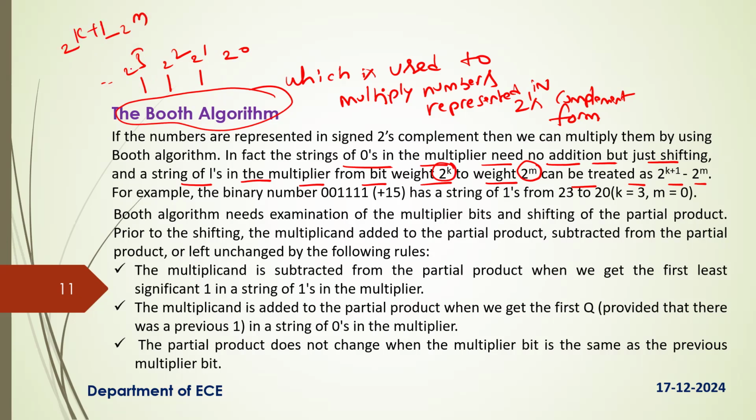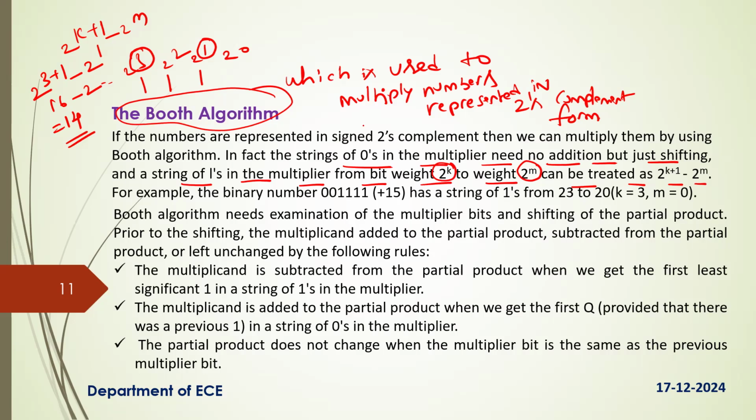Here the value of k is 3 and the value of m is 1. Substituting, 2 power 3 plus 1 minus 2 power 1 is 16 minus 2, which is 14. So the multiplier is 14 here.